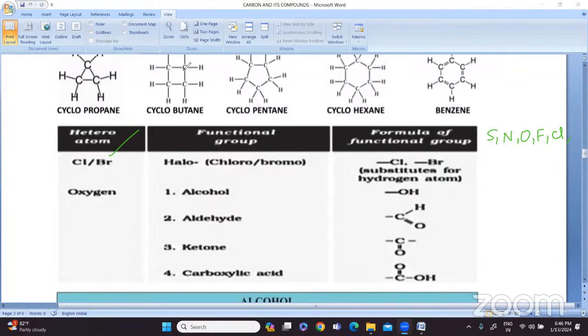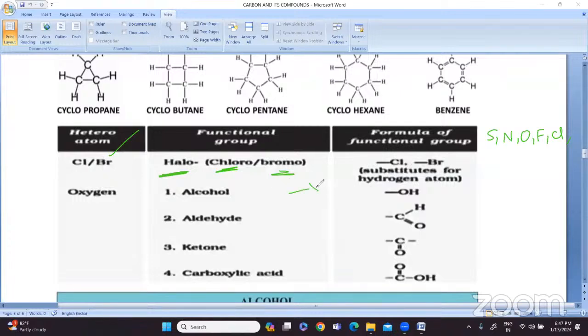That is, you will have a chloro or bromo group. Whenever you have a chloro or bromo, they are called halogens. They will have the functional group halo. If you have Cl, it is called chloro. If you have a Br group, then you have bromo. So this is the formula of the functional group.